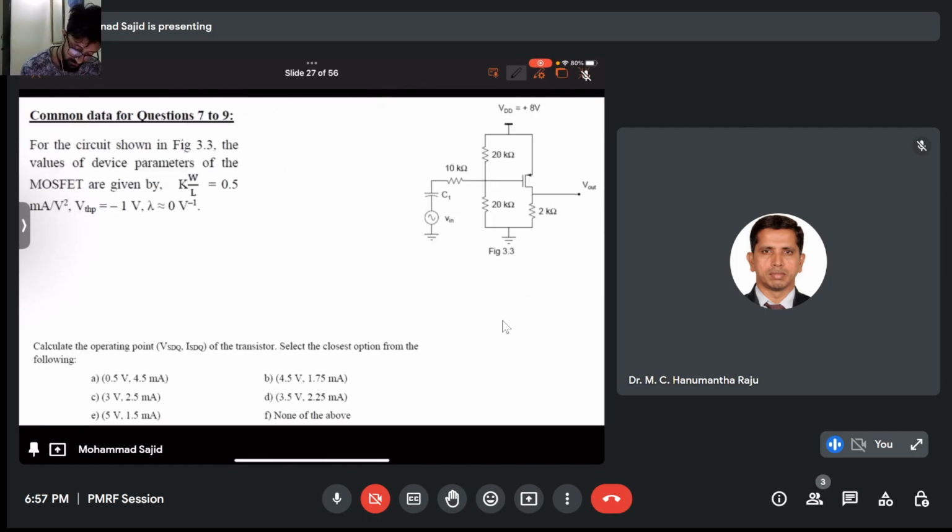Now moving on, this is a question on MOSFET. So a little bit of introduction about MOSFETs. Two types, PMOS, NMOS, right? What is the difference?